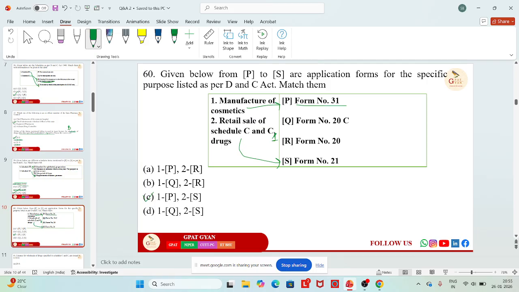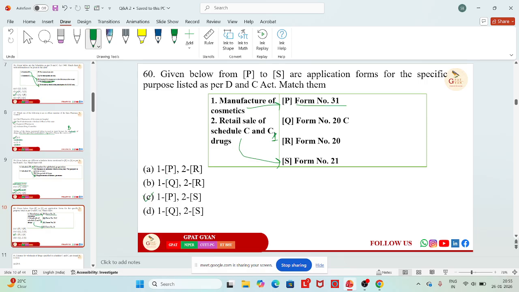Basically, these things are very much confusing, as I also told during the regular classes, that import is very important and confusing. Try to memorize once a day. If you can give 15 minutes to that particular portion, I think there will not be a problem, because whenever you see this 20C, 20D, 31, 21, you must be confused, because there is not only this chapter, you are going to have all the subjects together.